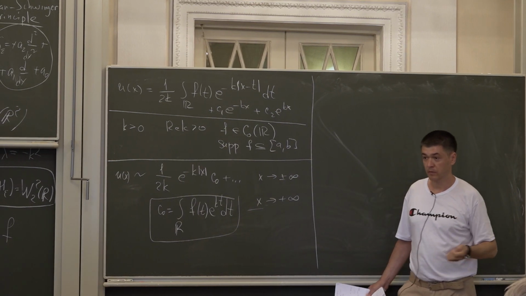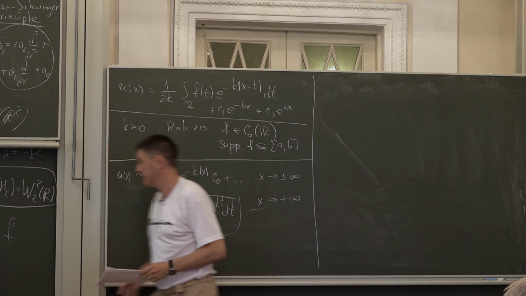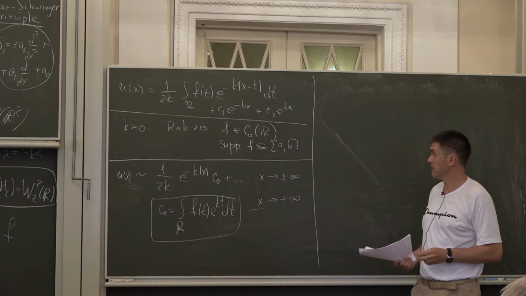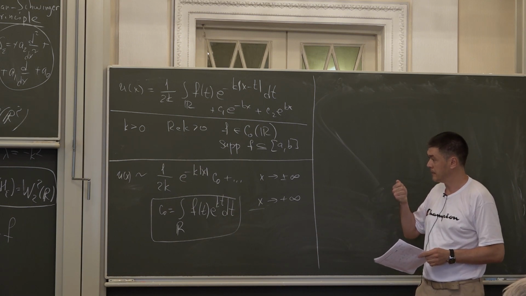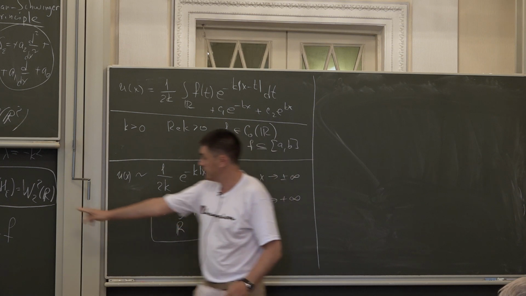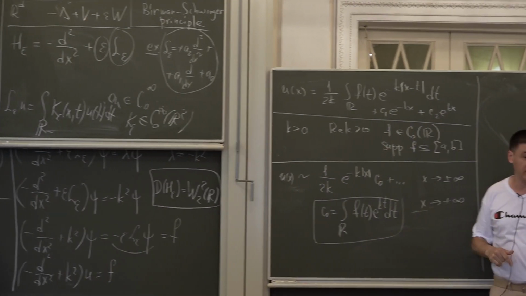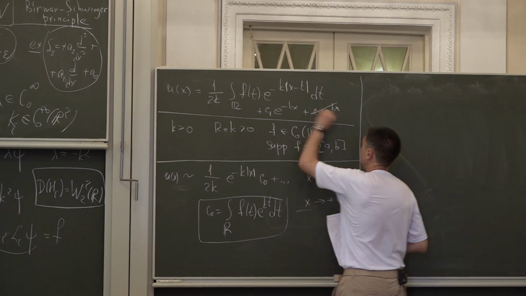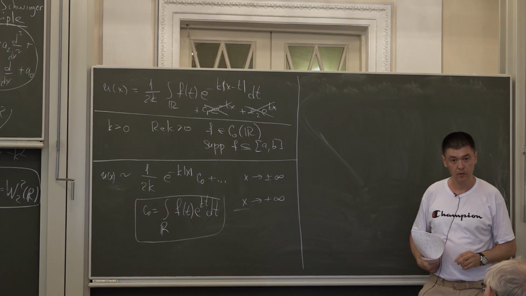Of course, if I solve this just as a second order differential equation, then this is the general solution. But when I say that I want to have a solution in this space, as soon as k is positive or the real part of k is positive, then I should kill these two terms, and then I shall get this formula.